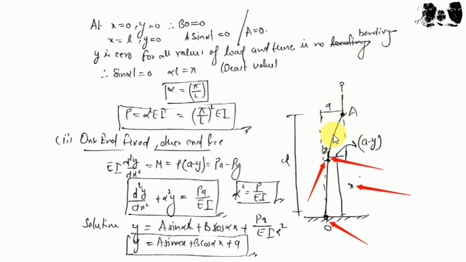We can easily find the bending moment at this point from the load and the tangential distance. We know the maximum deflection due to load P is small a, and the horizontal distance we assumed is y. Then the remaining distance is a minus y, which is shown here.